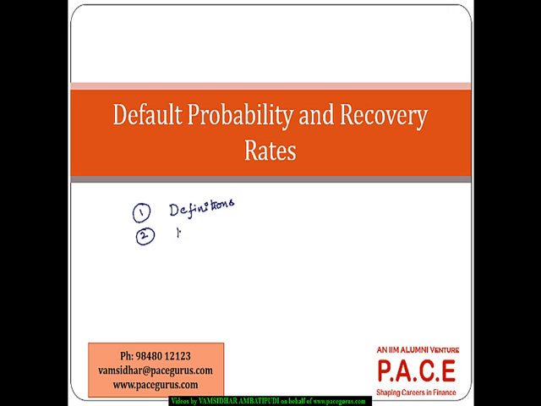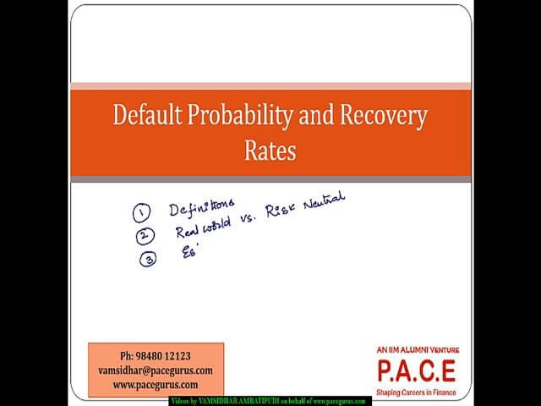And then we'll talk about the real world default probability versus the risk neutral. Which one we would be using in what case, and what is the key difference between these two types of definitions of probability.